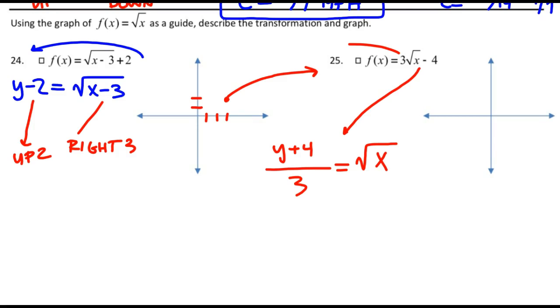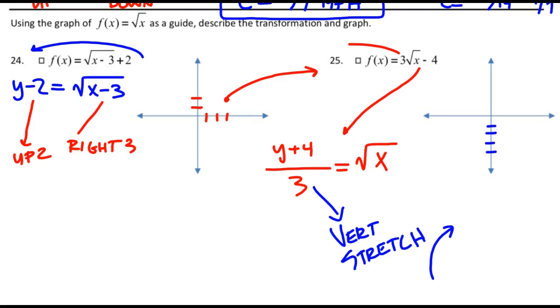And so this is all going to be down 4, and this is a divide, so it is a vertical stretch. And so that's going to make it like a taller one, right? So it's going to go down 4, and it's going to have a vertical stretch. So it might be a little bit taller.